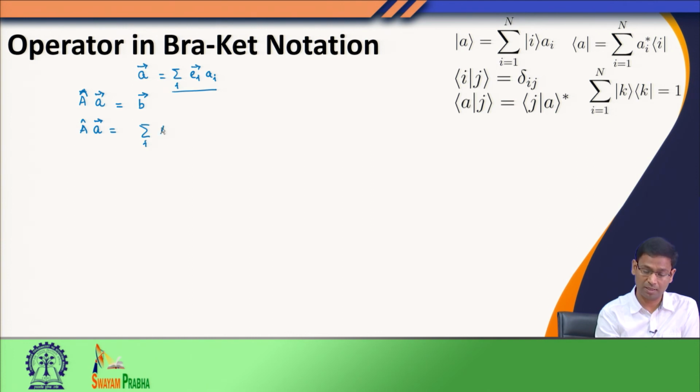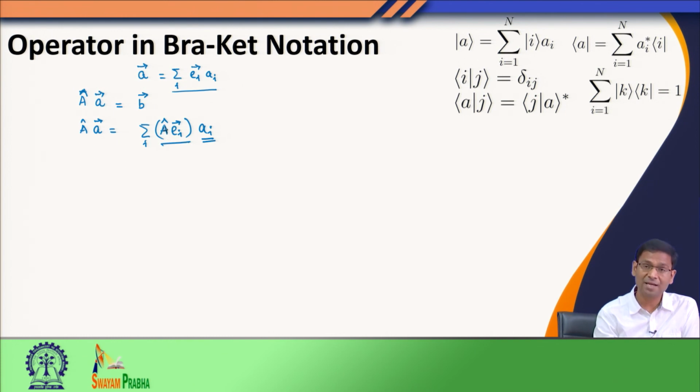So, when I look here, I see that the action gives me this. What does it tell? These a_i are the coefficients that I know already how to obtain. Now, the action of an operator A on this vector gives me this term. What is this term?